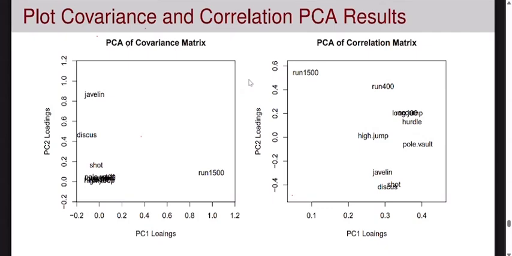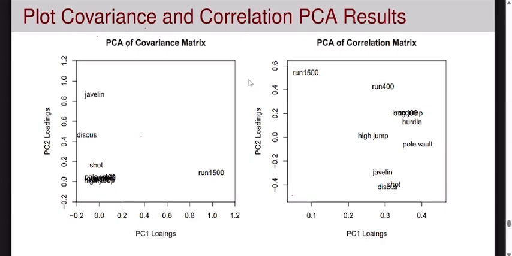When the angle is very, very small between them, it implies a very strong positive correlation. When the angle is close to 180, it suggests a strong negative correlation. When the angle is close to 90, it means there's little or no correlation whatsoever.